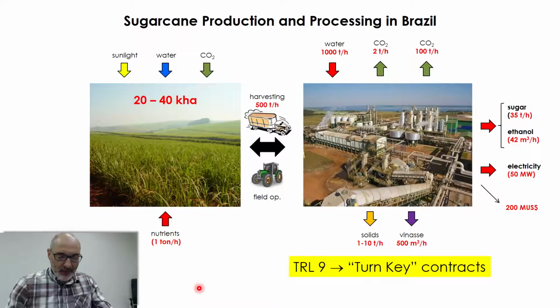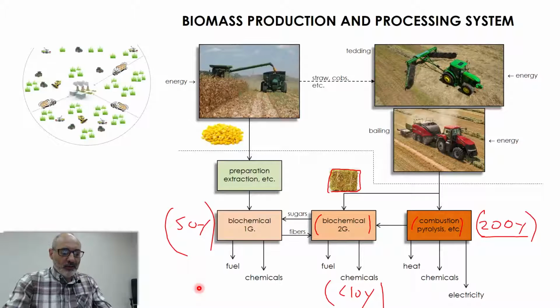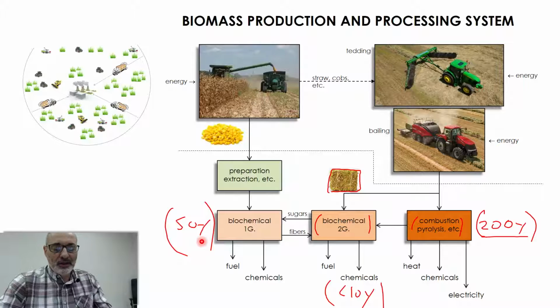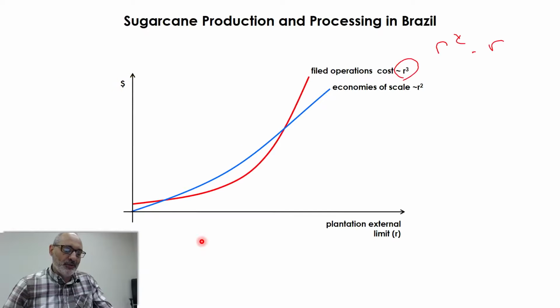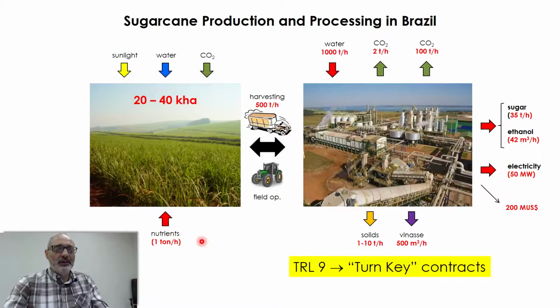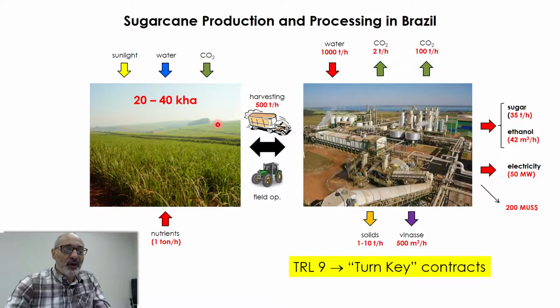When I mentioned that we have 50 years of experience, when I say we, I mean here in Brazil, the sugarcane industry has more or less 50 years of experience, and it resulted in this kind of system. So it's on average 30,000 hectares of plantation area. This corresponds to processing 500 tons per hour, 24 hours a day during 200 days a year.